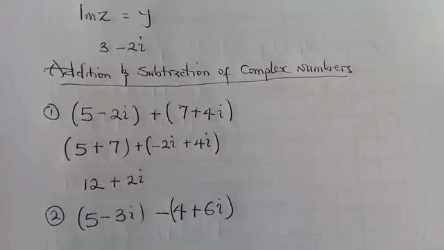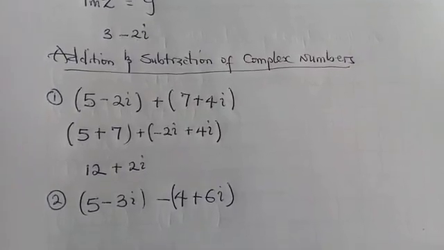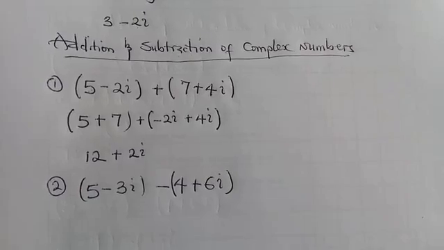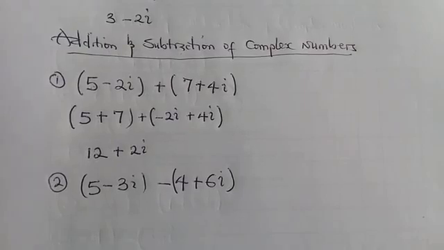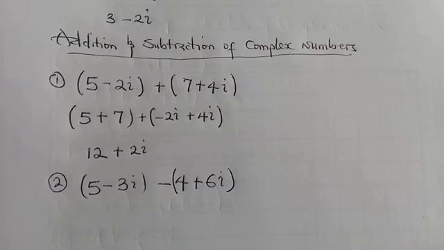For this second example, we are dealing with subtraction of complex numbers. And the same rule applies for subtraction of complex numbers. We are going to subtract real part from real part and imaginary part from imaginary part.